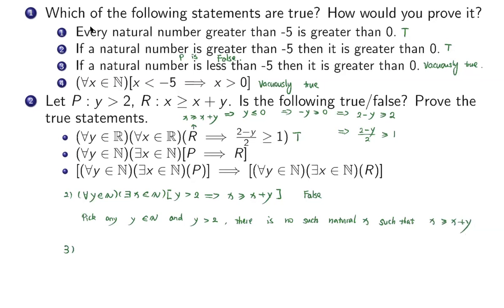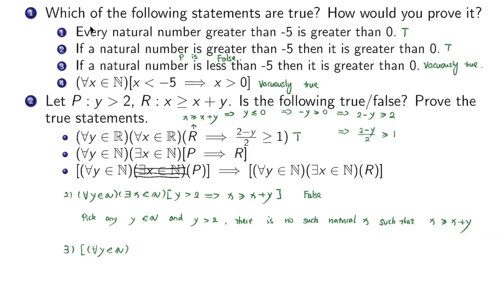Number 3, we have for all y in natural number, there exists x in natural number such that y is greater than... actually, this is unnecessary, since we don't even have x here.